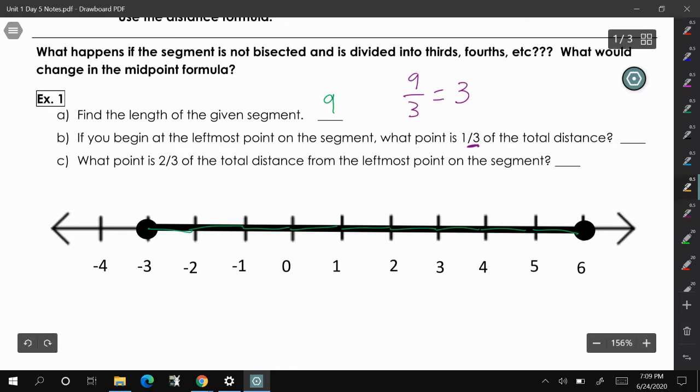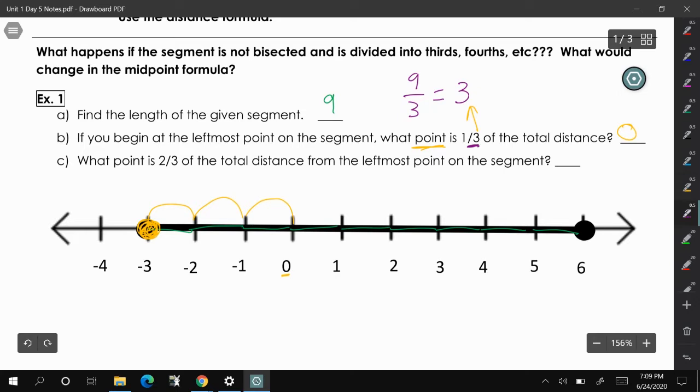So now if we begin at the leftmost endpoint, which is right here, it says what point is 1/3 of the total distance? So the 1/3 of the total distance is 3. So let's count 1, 2, 3. The question says what point? Well, that point we are at is 0.